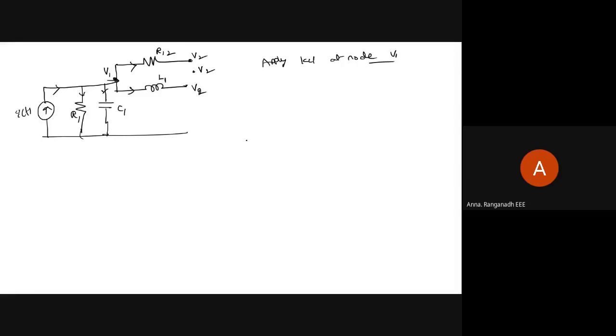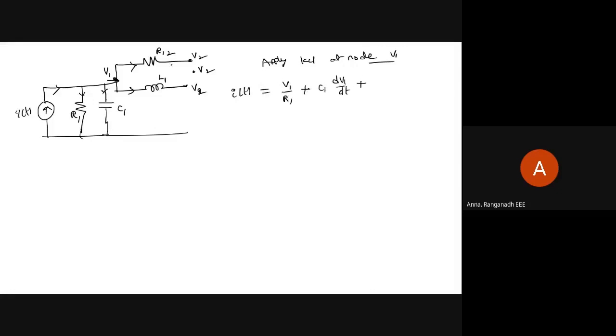So if you apply KCL, the entering current I of t equals the sum of leaving currents. For the resistance, the current is V1 by R1, plus the current flowing through the capacitor, C1 into dV1 by dt.